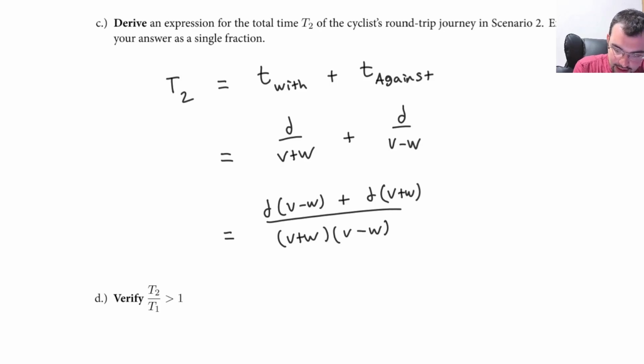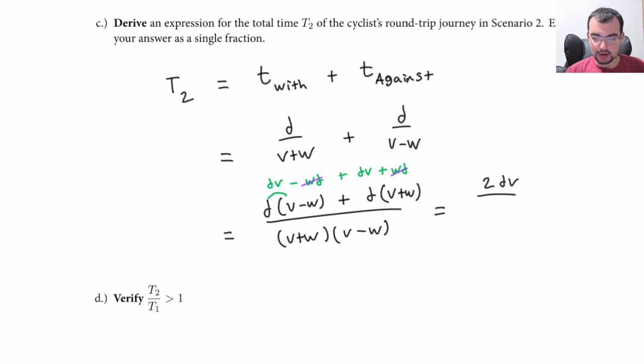So again, I just got a common denominator. So we get dv minus wd plus dv plus wd. That cancels. So we get 2dv divided by, oh, what is this?